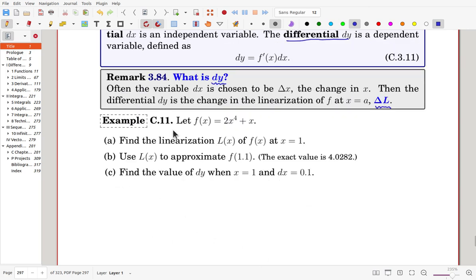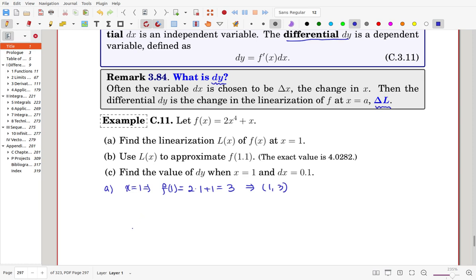f(x) is 2x to the 4 plus x, and now find the linearization at 1. Part A. If x is 1, then f(1) is the same as 2 times 1 plus 1, so that is 3. The point is here (1, 3).